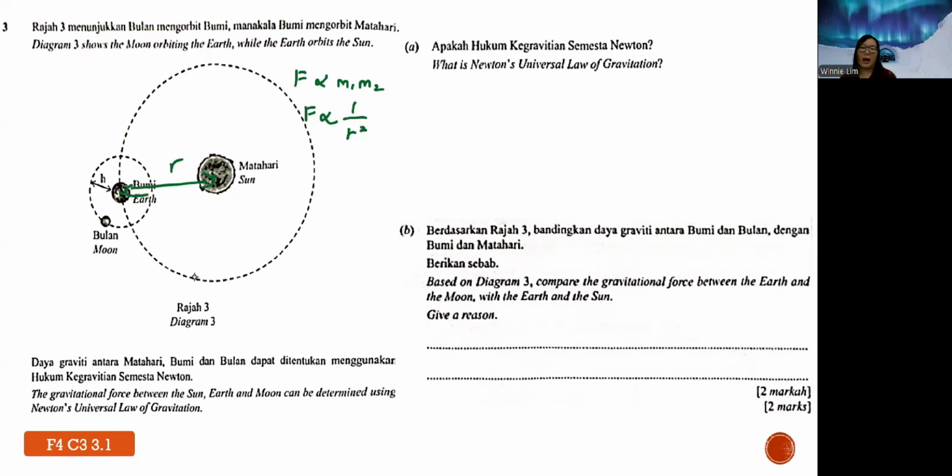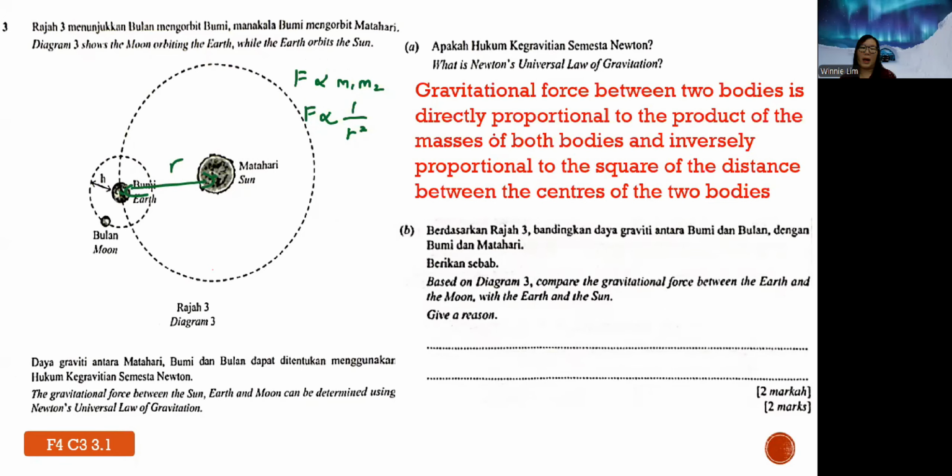So in sentence form: the gravitational force between two bodies is directly proportional to the product of the masses of both bodies, and inversely proportional to the square of the distance between the centers of the two bodies.